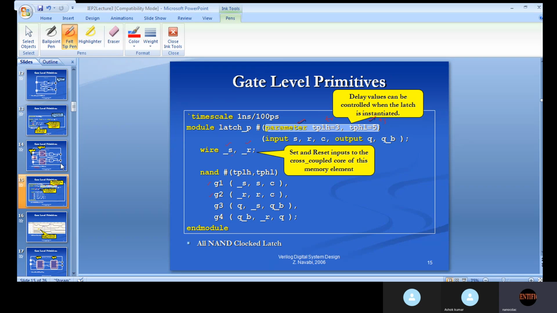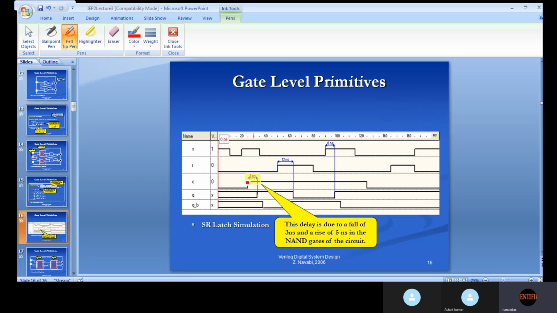Okay, so actually see, it is taking 5 nanoseconds, and here it is taking 8 plus 3 nanoseconds. Okay, so total rise time and fall time will be equal to 8 nanoseconds. Total time delay of 8 nanoseconds it is showing.